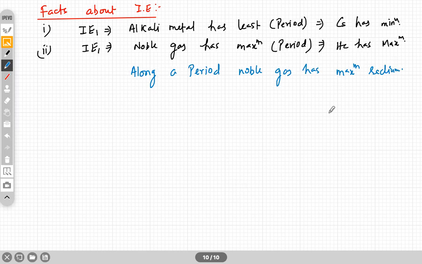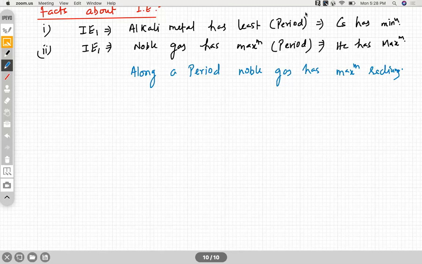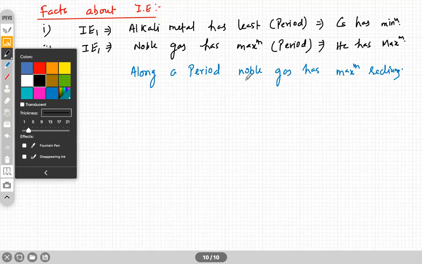So when you talk about this radius factor, then noble gas should have the minimum value of ionization energy, but that is not happening, right? It means, in case of noble gas, we are considering electronic configuration. Electronic configuration is the dominating factor over size, and hence we have the following order.